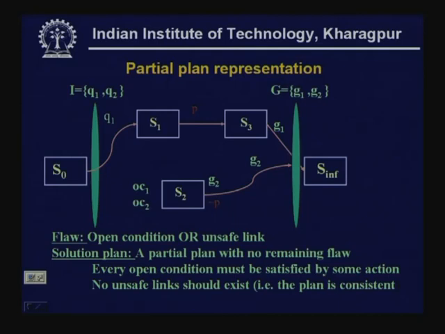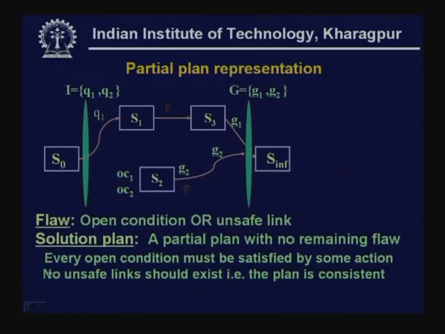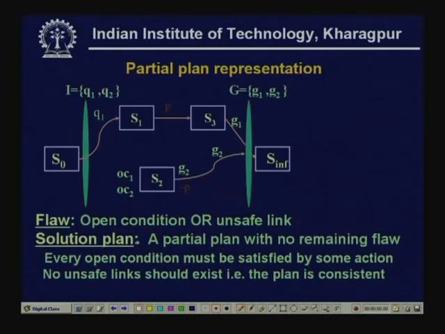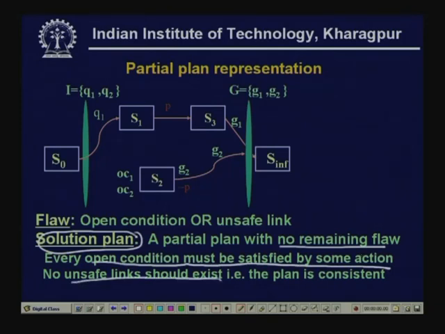So, in the final solution plan that we would like, there must be no remaining flaw. Every open condition must be satisfied by some action, and no unsafe links should exist.